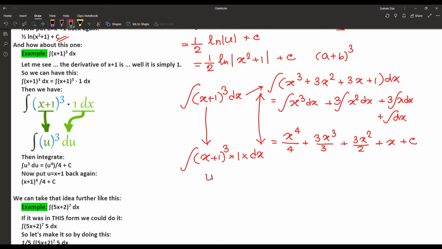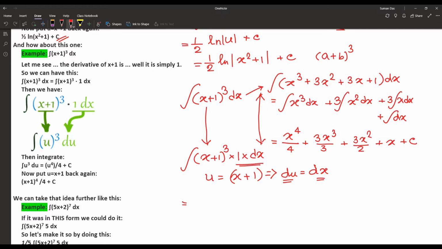Now if we consider u is equal to x plus 1, then we get du is equal to, if we differentiate that function x plus 1 with respect to x, that is dx. So du is equal to dx.